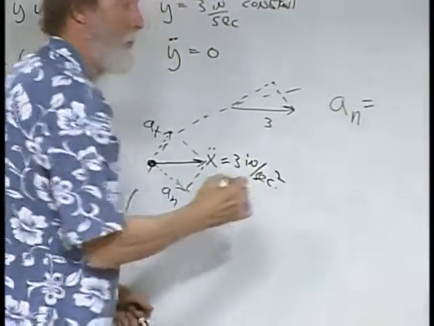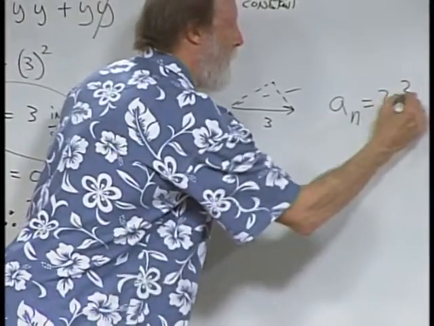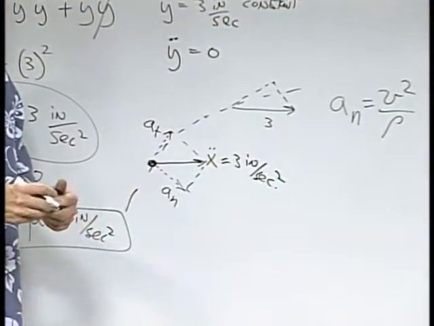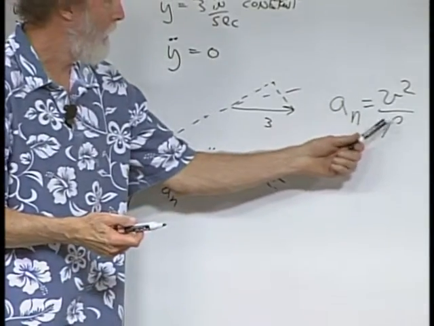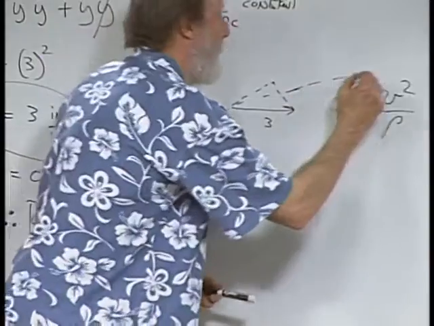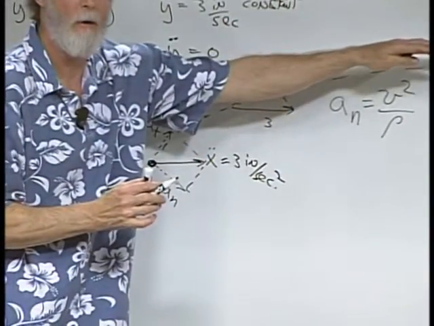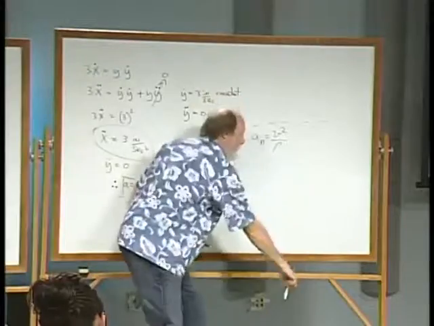Okay. Now, what I want to point out to you is something from yesterday. The normal component of acceleration is v squared over rho, and we know that as this arc continues to get flatter and flatter, the radius of curvature gets longer and longer, doesn't it?